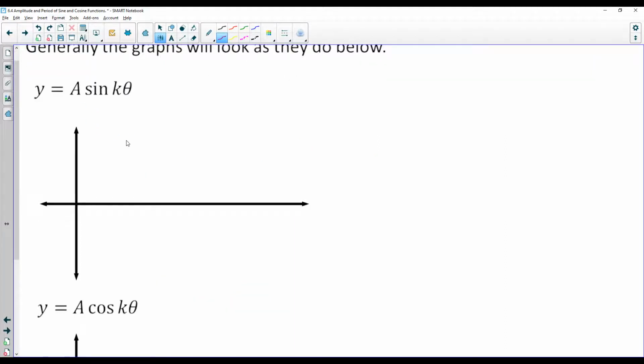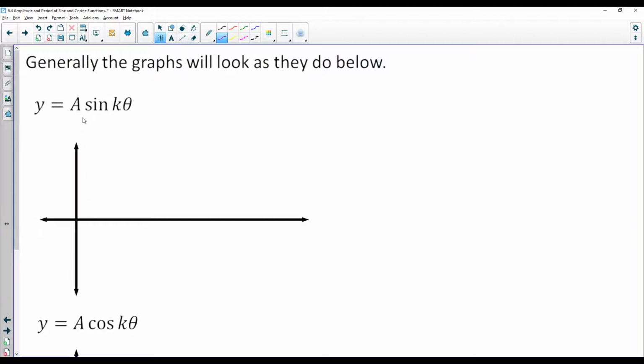And so what we can think here is for y equals a sine k theta, we can think that up here we're going to have a, and down here we're going to have -a for our max and our min, right? Those are our amplitudes. And then our period is going to be 2 pi over k. That's our period, right?